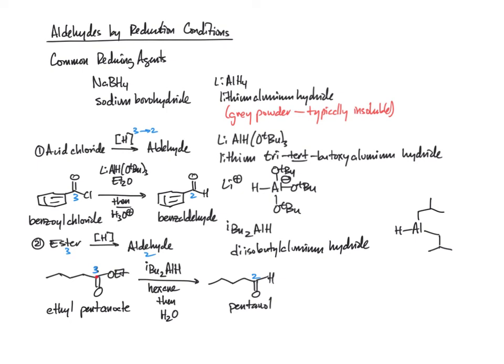If you were to take this molecule and treat it with lithium aluminum hydride, it would go from oxidation state 3 to 2 and then 2 to 1 all in the same reaction. So you'd actually end up with the primary alcohol. That's another reason why these different reagents exist, a word called chemoselectivity. How can we control the reduction in this sense?